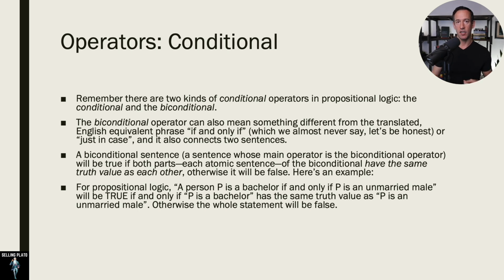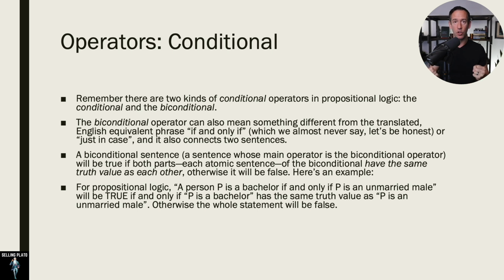That sentence is going to be true if and only if P is a bachelor, that atomic sentence, has the same truth value as the other part, P is an unmarried male. Either they're both true and then the biconditional is true, or they're both false and the biconditional is true. If they don't match in truth value, the biconditional sentence is false.